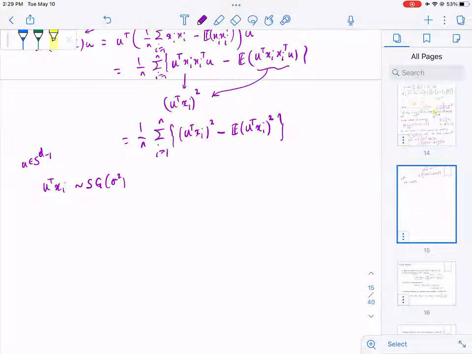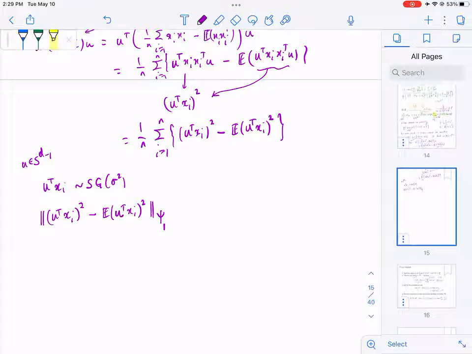How do we calculate the sub-exponential norm? We need u transpose xi squared minus the expectation. So this is the random variable, and I want its sub-exponential norm. What can we do here? Triangle, yeah, we can do triangle.